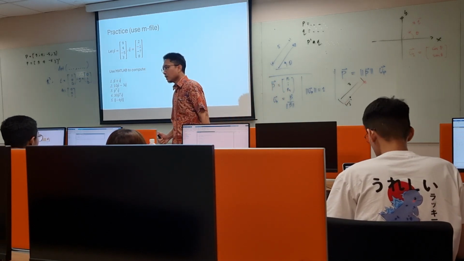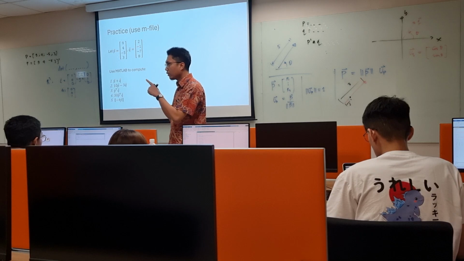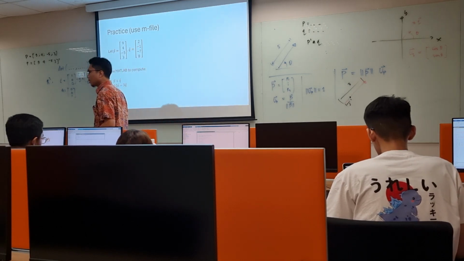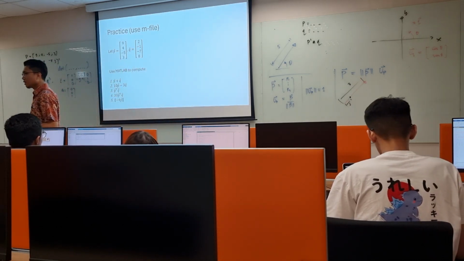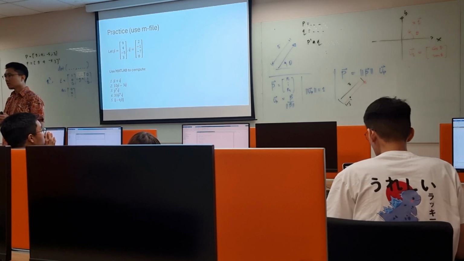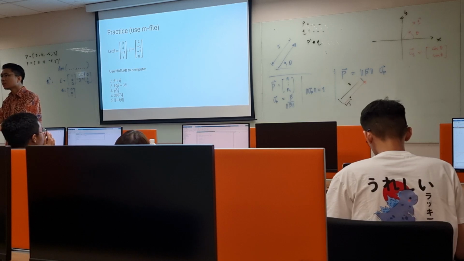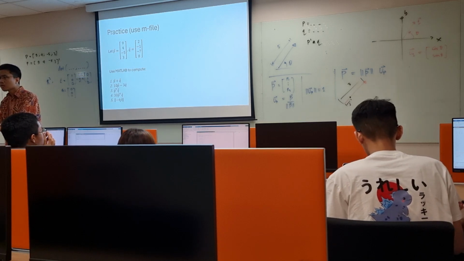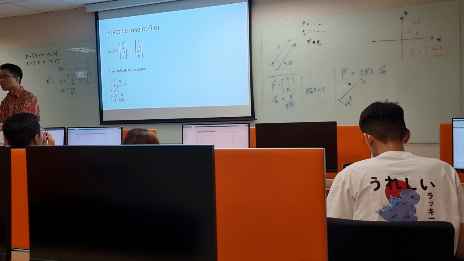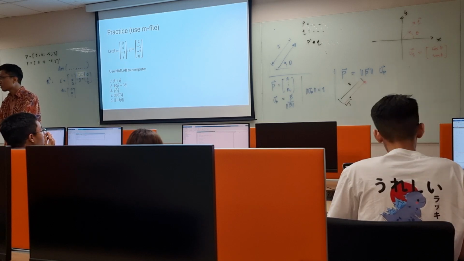Okay, let me ask you. If you are using MATLAB, you have a very long vector, 100 elements. You want to know whether the two vectors are the same or not. What do you do? You do it very fast.